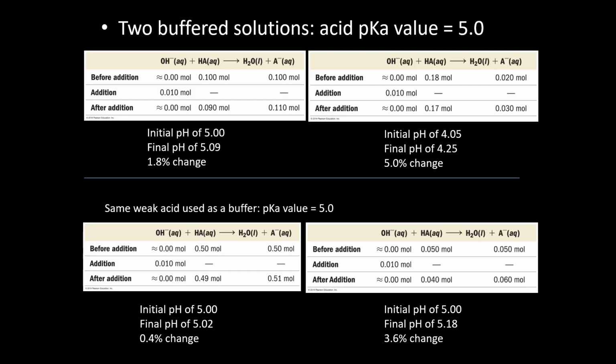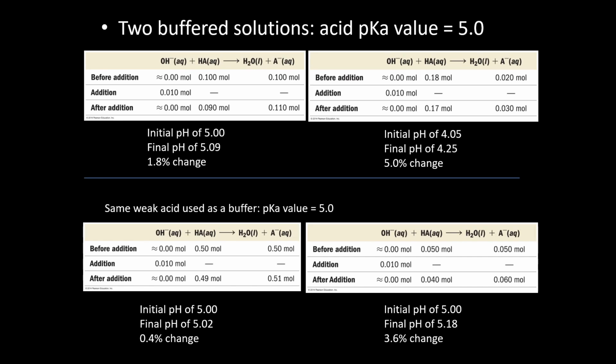Okay, as far as pH range and pH capacity for buffers, all I expect you to know is that the higher the concentration of the buffer, the greater the capacity is. And the closer you are to the pKa of your acid or base, the better it can handle any stuff you add in.